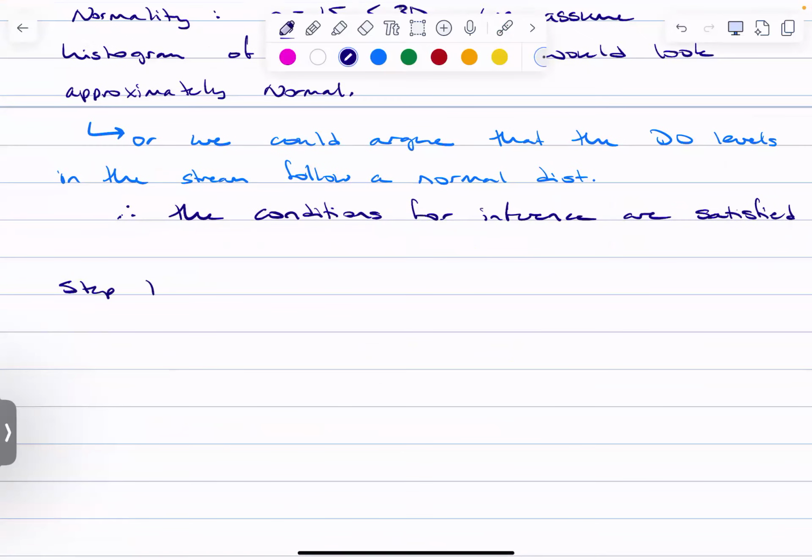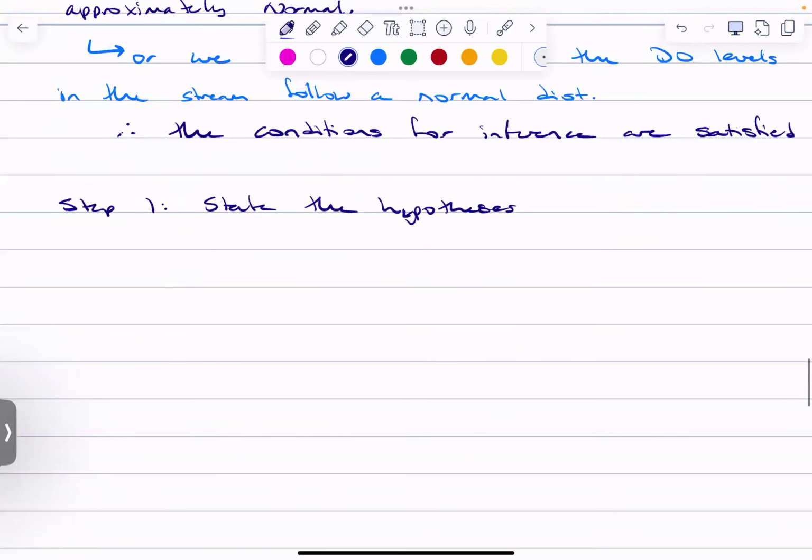So my step 1 is to state the hypotheses. The null hypothesis has to be about mu. I'm using my sample mean, but really what I'm trying to get at is the population mean. And so I hypothesize that mu is 5. I have to assume that it's 5 until I have proof otherwise.